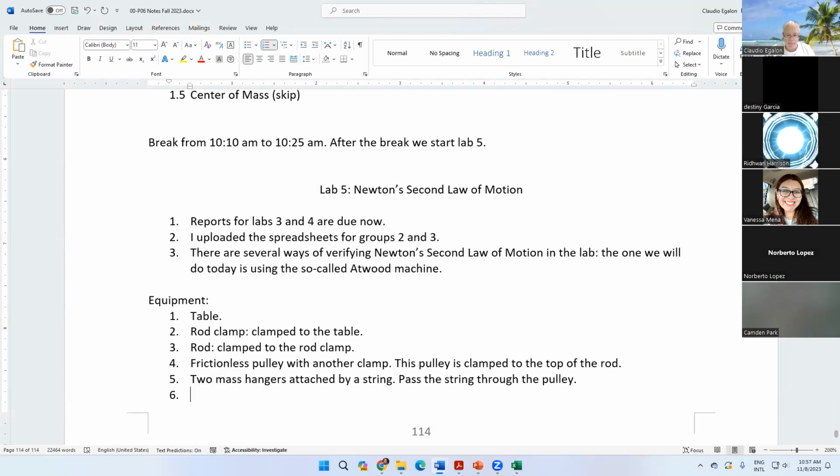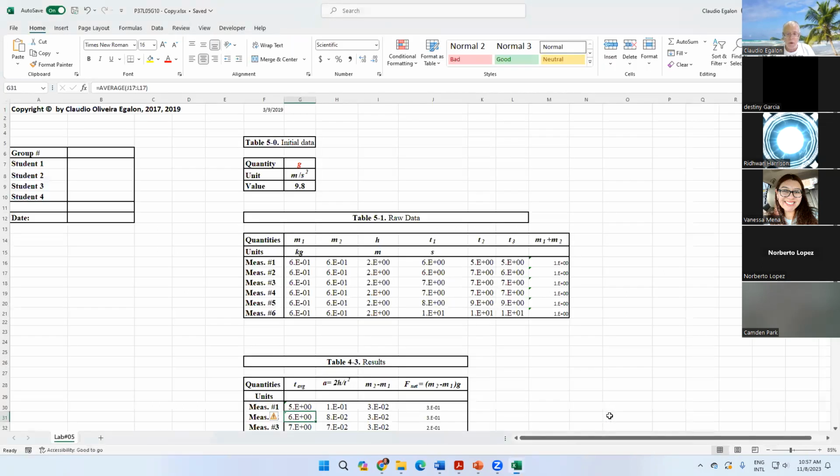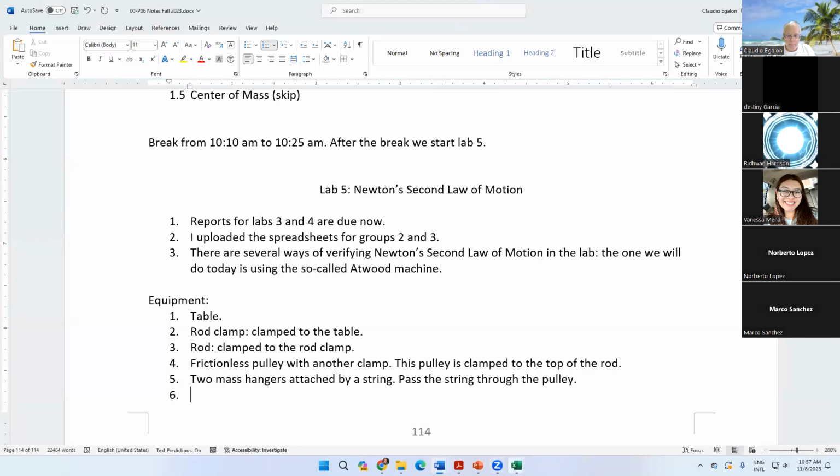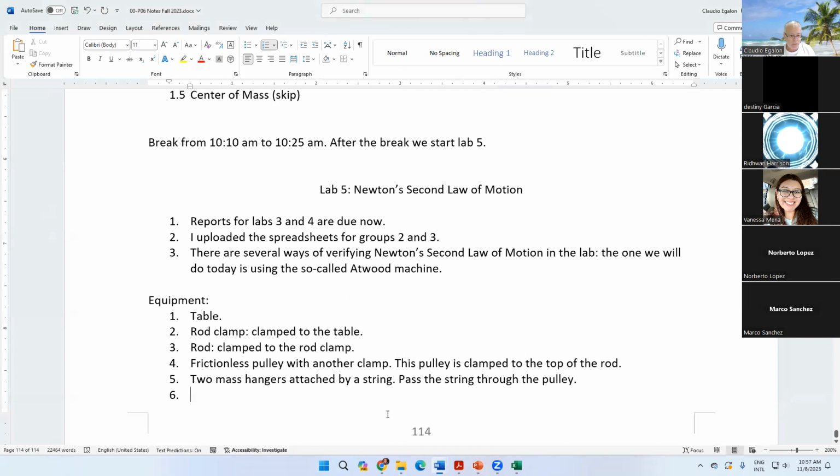Two mass hangers, okay? Two mass hangers attached by string.